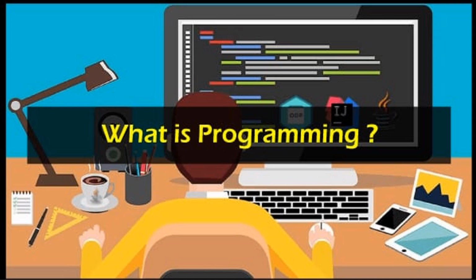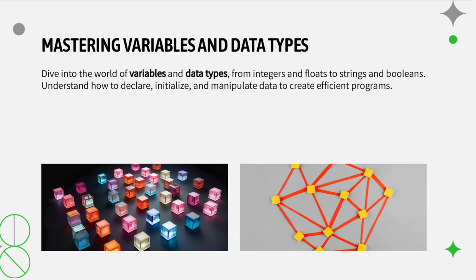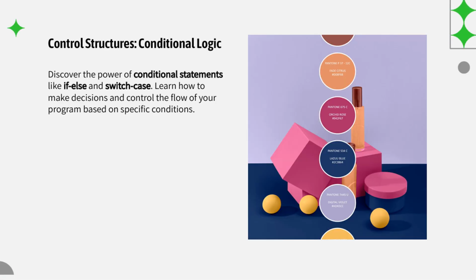Now let us talk about some common elements of a programming language. First, we have variables. Variables are used to store data that your program can use and manipulate. Think of variables as containers that hold information. Next, control structures like loops and conditionals help you control the flow of your program.